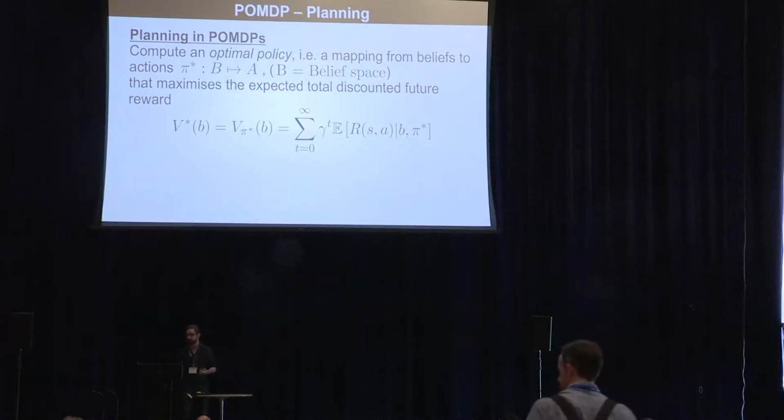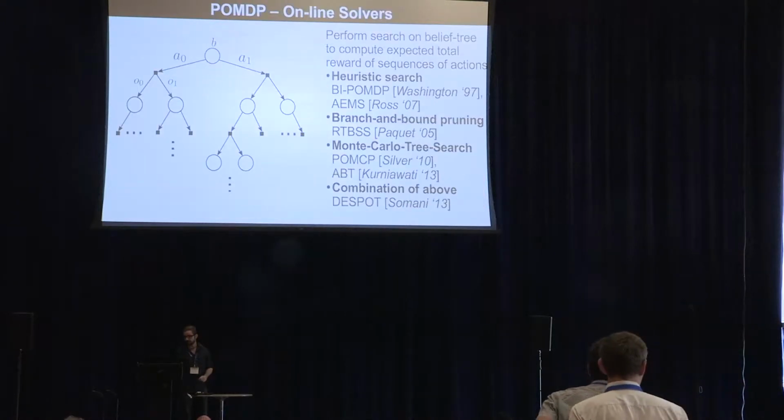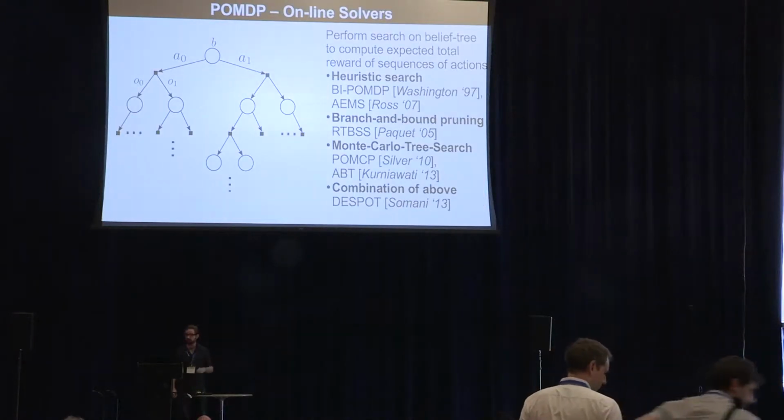Unfortunately, it has been shown that computing this optimal policy is intractable in general. In particular, the complexity of computing the optimal policy is exponential in the number of states and the number of observations, and doubly exponential in the planning horizon. So in all but the simplest problems, we have no chance to compute this optimal policy. But there has been a lot of progress in the last 15 years.